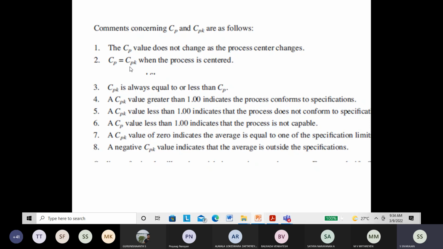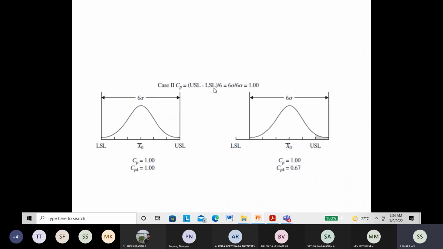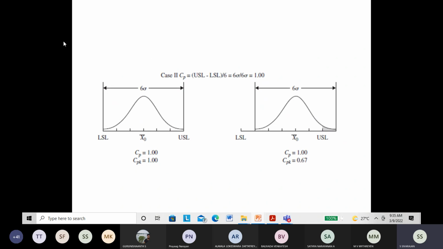CP and CPK will be equal when the process is centered. I will show these cases. In this case, it is centered, so 1 and 1 are equal. Here it is not centered, and you see the value is lesser. If the process is centered, CP will be equal to CPK. Here the process is not centered, so they are not equal.